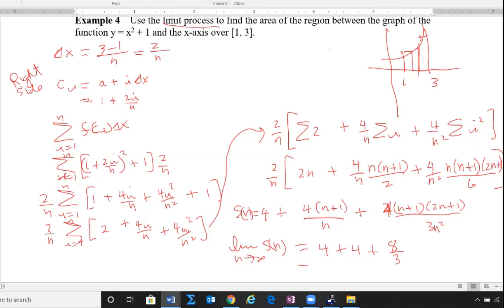So that looks like 8 2/3. Oh, wait a minute. Yeah, 3 to 8 is 2. It's 10 2/3. Okay. So that's our answer, 10 2/3.